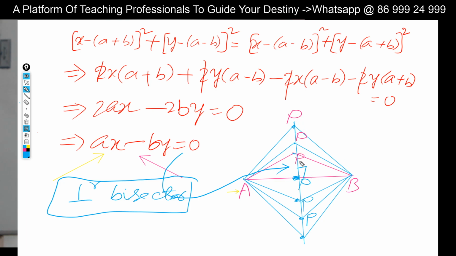The perpendicular bisector is the line perpendicular to AB and passing through its midpoint. In other words, every point on the perpendicular bisector is equidistant from A and B. This is what you have to understand.